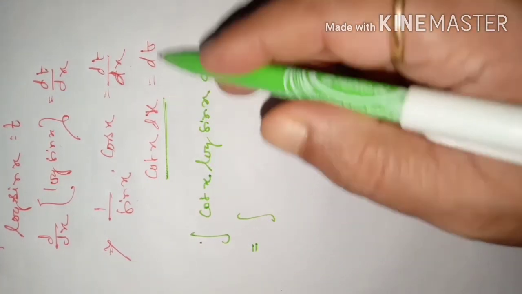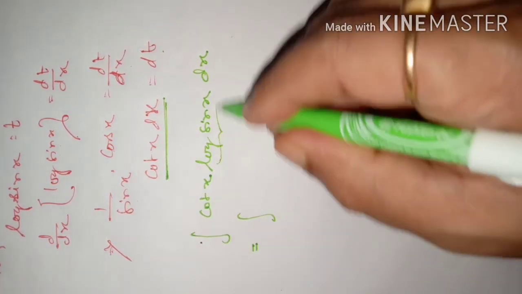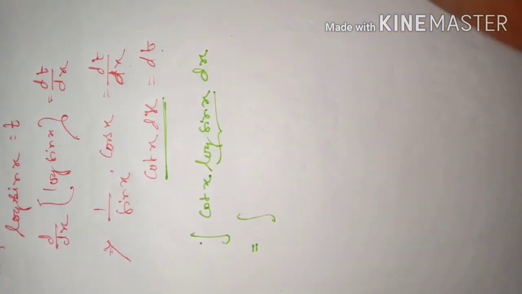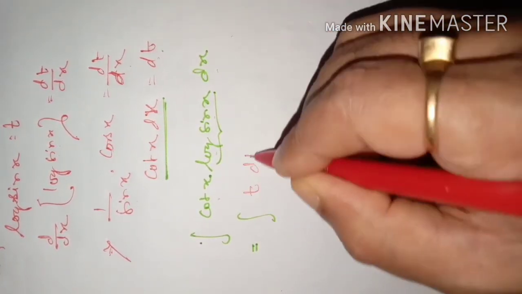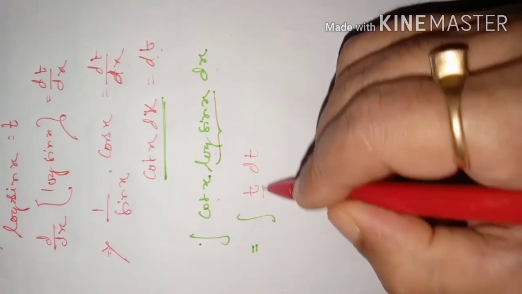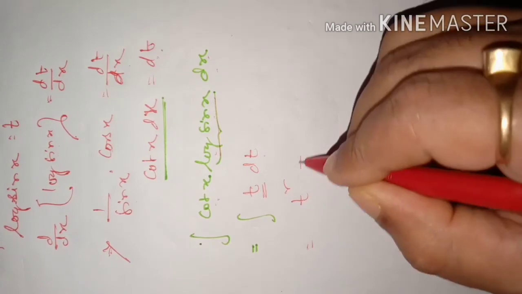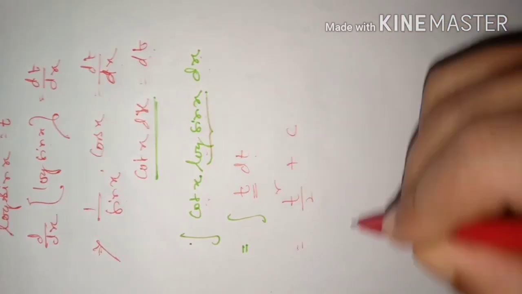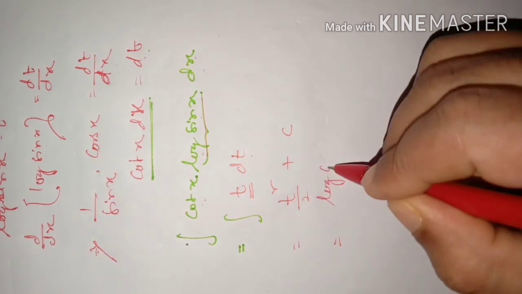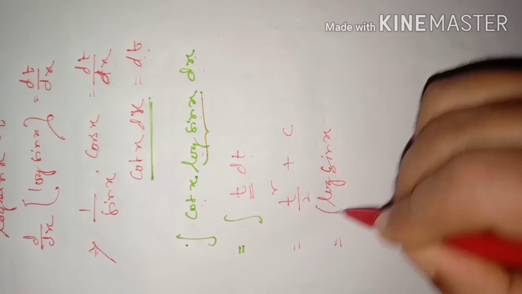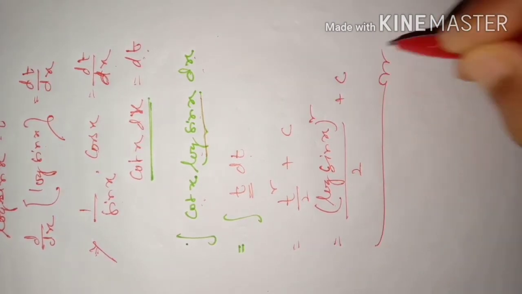Cot x dx can be written as dt, and log sin x is t. This is considered as t. So you can write cot x dx as dt and this one as t. So t dt, because this is t we have considered, and cot x dx is dt. So then it will be t square by 2 plus c, and t stands for what? Log sin x. Log sin x the whole square by 2 plus c. This is our answer. Okay, dear students.